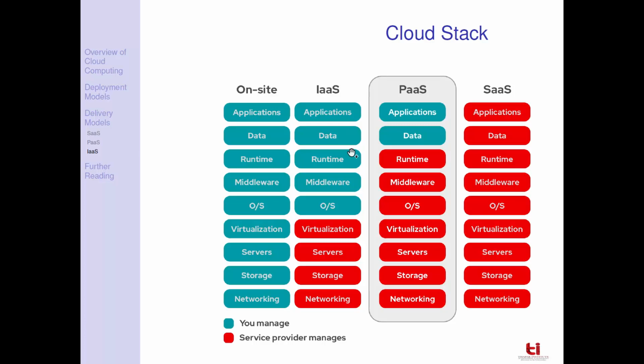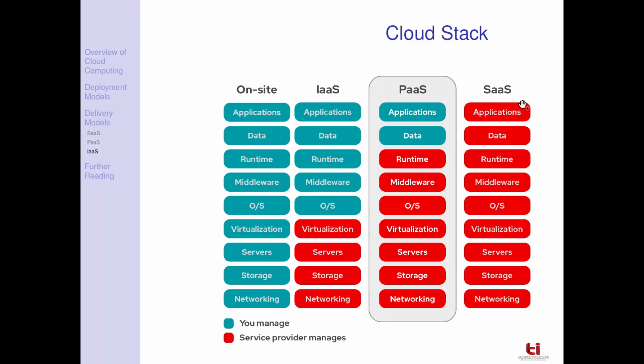Finally, let us look at the cloud stack. The blue color shows the blocks which the user has to manage, and the red shows what the service provider has to manage. Let us start with software as a service. When software as a service is being offered to the user, everything right from application data, runtime, middleware, operating system, virtualization, server, storage, and networking is managed by the cloud provider.